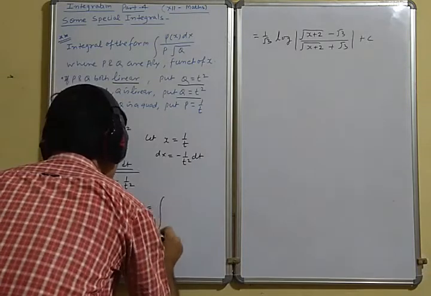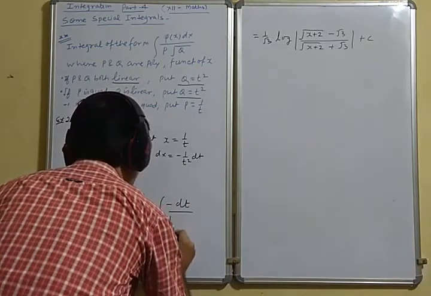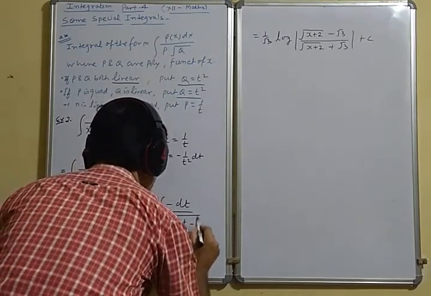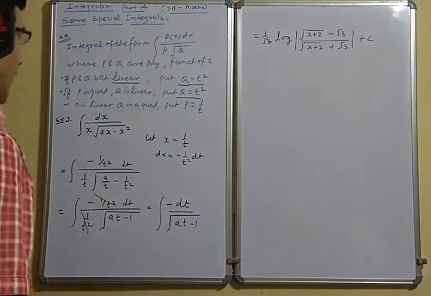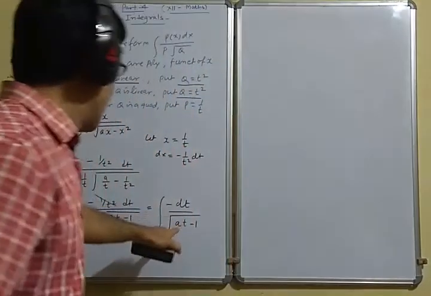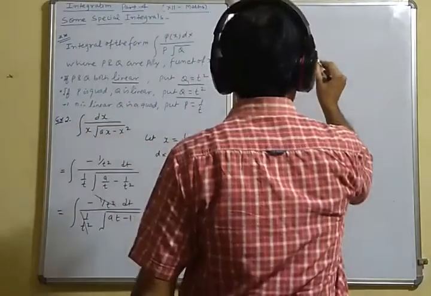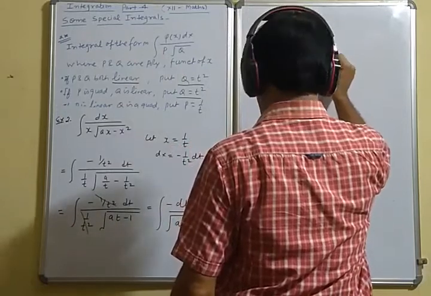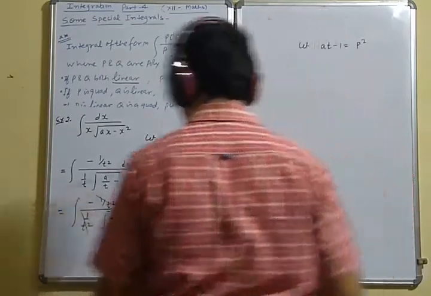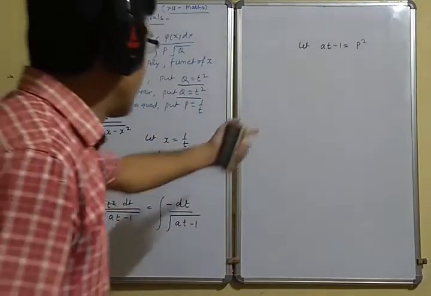So that is integration minus dt upon under root (at minus 1). To simplify this, let at minus 1 is equal to p square.